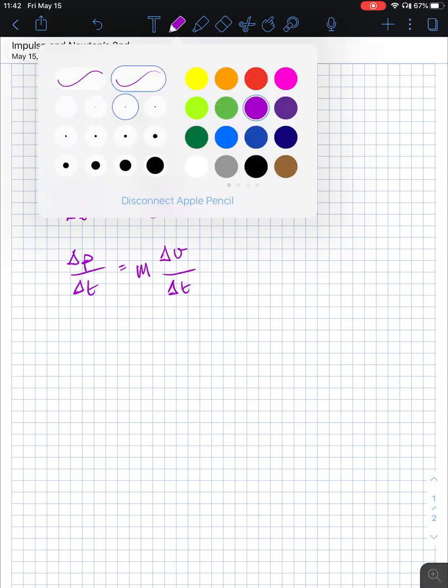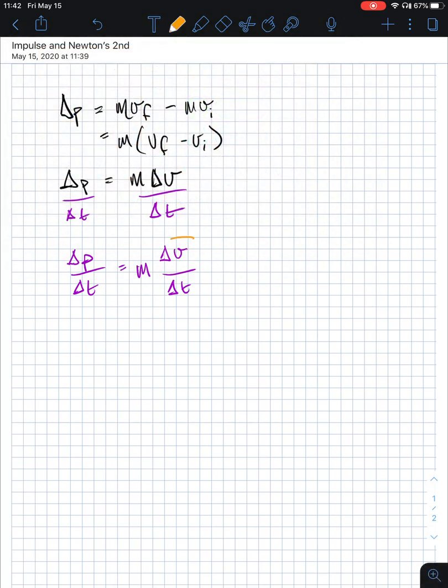Well, change in velocity divided by change in time is our definition of acceleration. So we can rewrite this equation as the change in momentum of an object divided by the amount of time that goes by is equal to that object's mass times its acceleration.